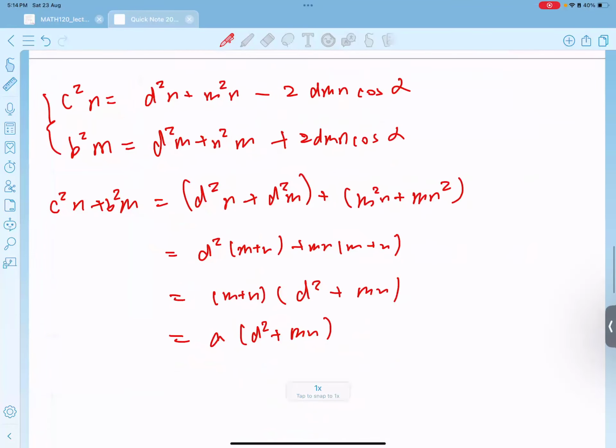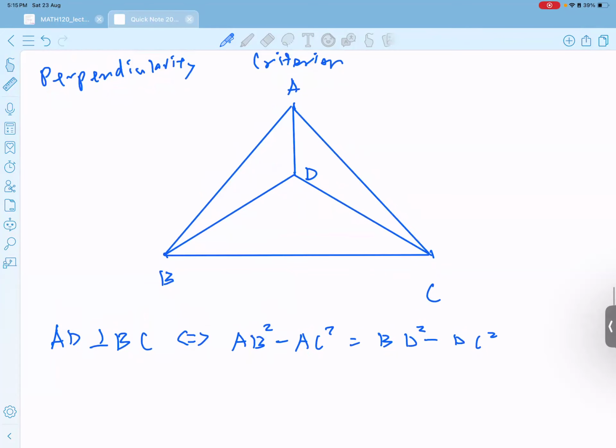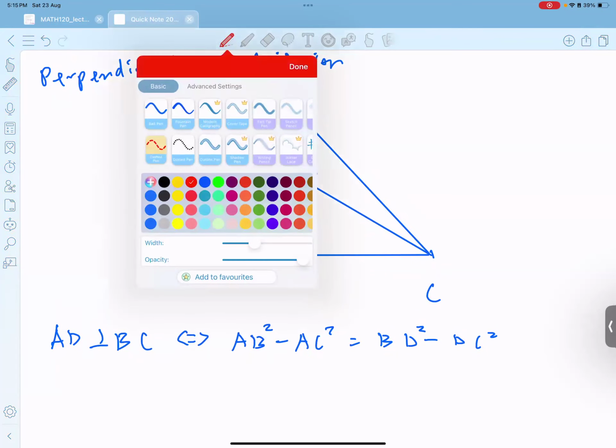So you connect this, you connect this, and this. And I hope the proof is more or less obvious.